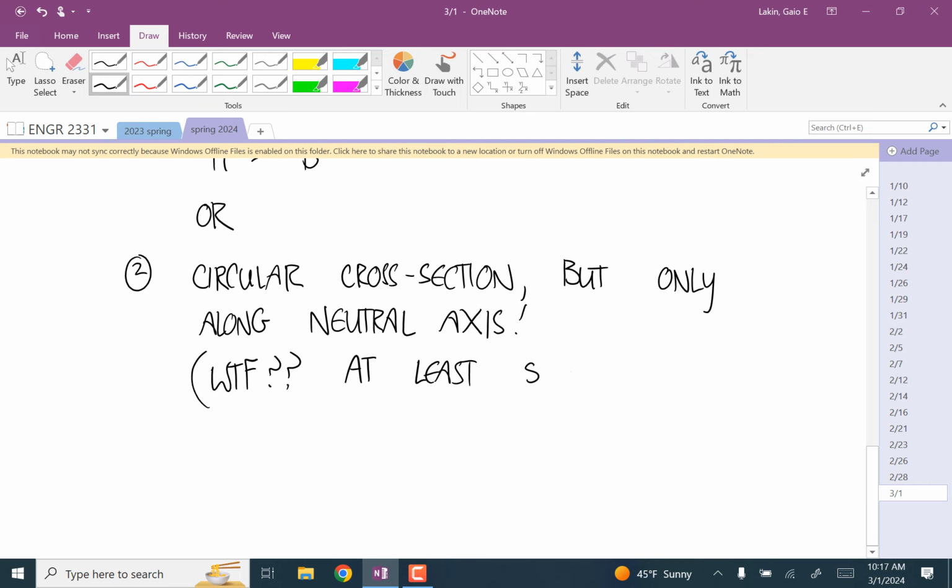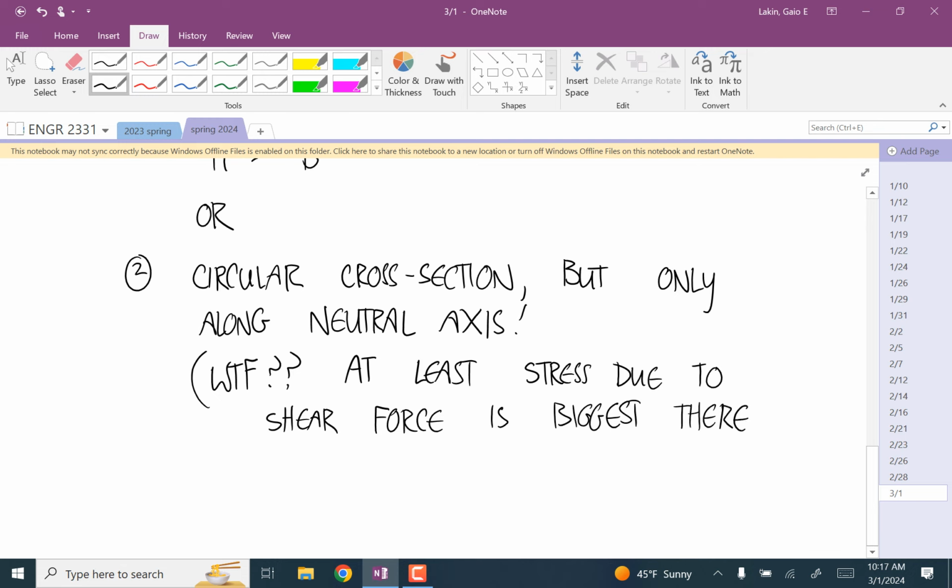So at least the stress due to shear force is the biggest there. You know what I'm saying? So at least there's some reason why that would be more important than along some other line. Okay, well, those are the restrictions.